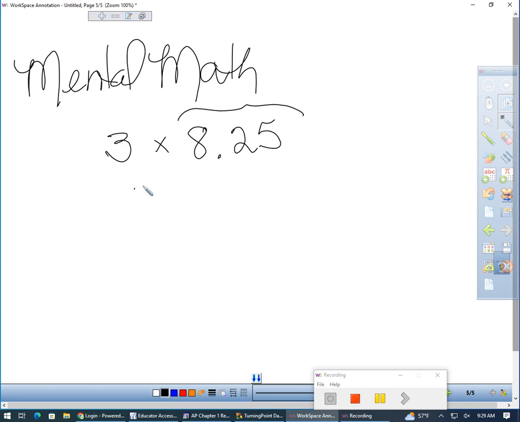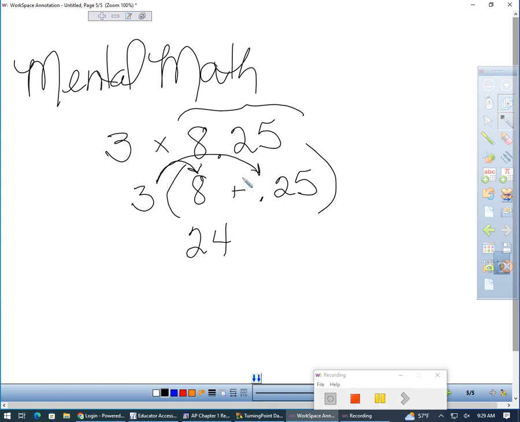So I'm going to rewrite this as 3, parenthesis, 8 plus 0.25. Now I'm going to do the distributive property, right? 3 times 8 is 24. And then 3 times 0.25, how many is 3/4? 0.75, I agree. And then it's really easy to add these together. We get 24.75.